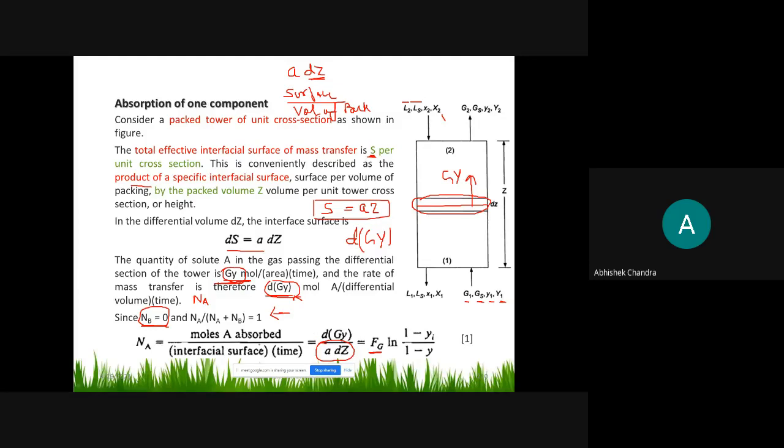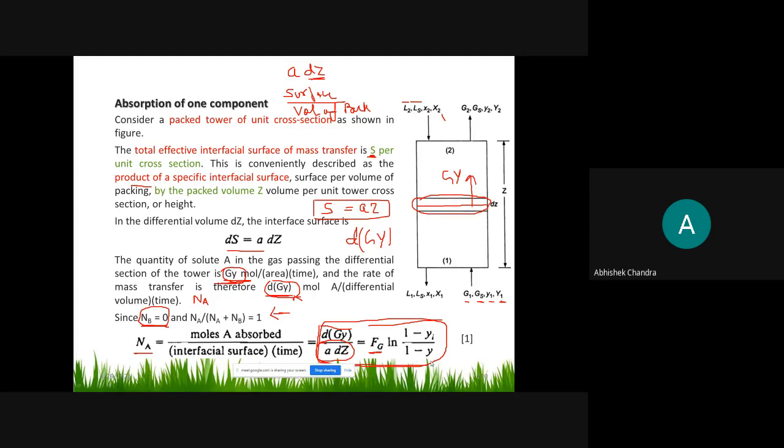Dimension wise, dGy divided by A dZ will give NA. So NA from the mass transfer coefficient relationship is equal to this one.